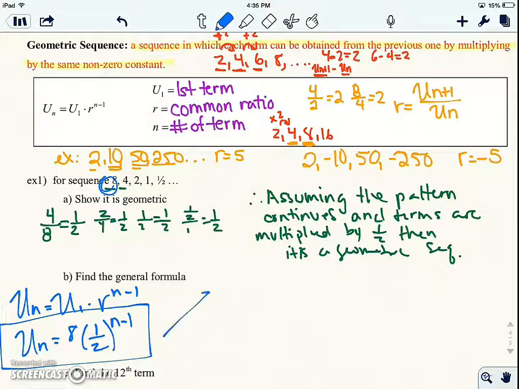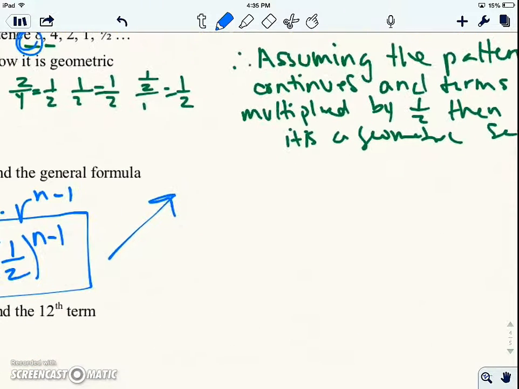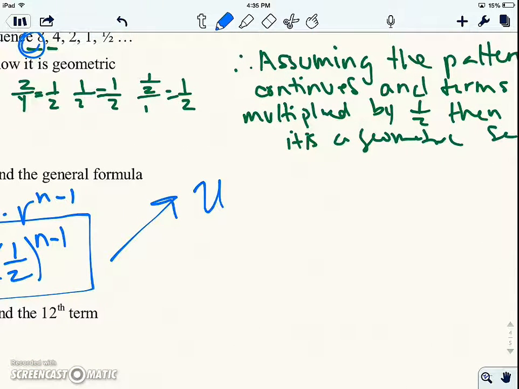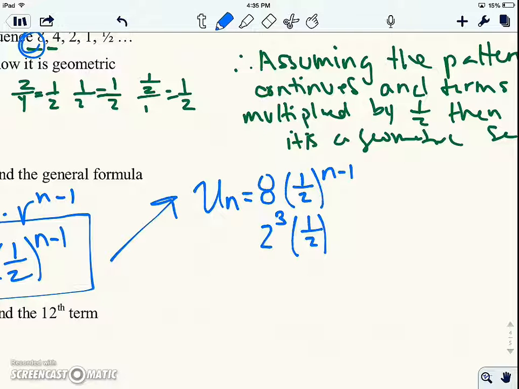And let me show you one simplification just to show you what I mean. If we have u of n equals 8 times 1/2 to the n minus 1, well, we know 8 is 2 cubed. And we also know that 1/2 is 2 to the negative 1. And then we have an exponent rule that says that if we have this raised to this, we just multiply them.